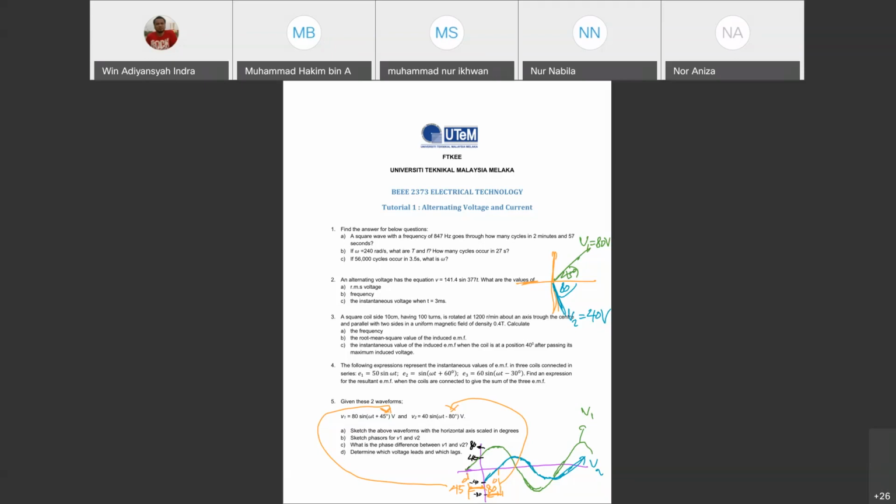Just by looking at the waveform, we can tell the green one leads. The green one is V1. Lead by how many degrees? Lead by 45 plus 80.